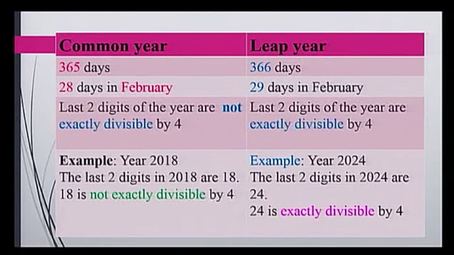Whereas for a leap year, the last two digits of the year will be exactly divisible by 4. If we consider the year 2024, the last two digits are 24, and 24 is exactly divisible by 4. So if it is exactly divisible by 4, this means it is a leap year.